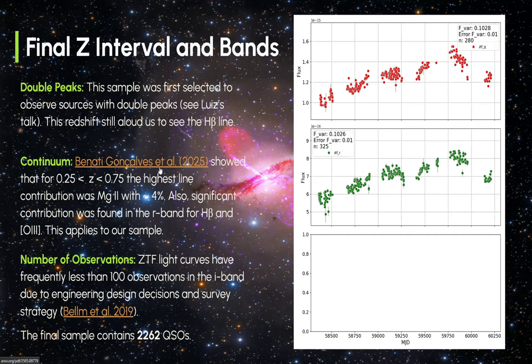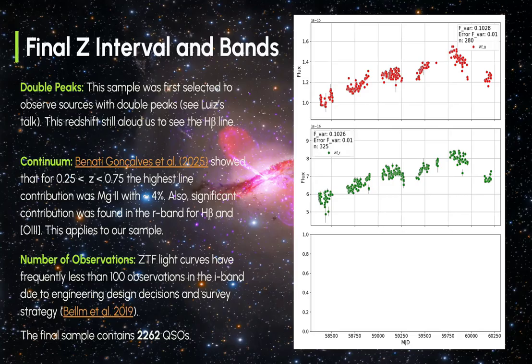Also, Benatti Gonçalves and this work show that for the redshift range of 0.25 to 0.75, the highest line contribution was magnesium 2 for the G band with about 4% contribution. And also significant contribution was found in the R band for H-beta and O3. This also applies to our sample. I'm going to show 2 examples of spectra in the next slides. Another important point here is that ZTF light curves are well known to have few points in the I band, right?